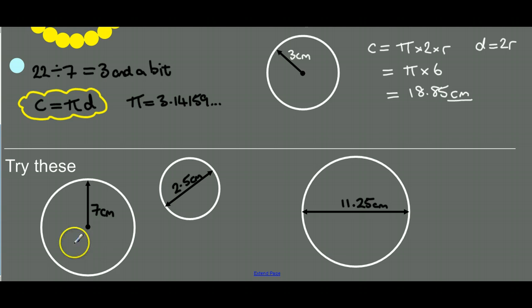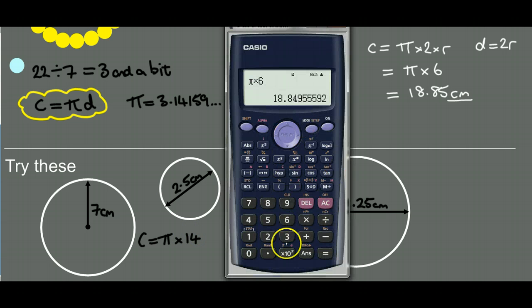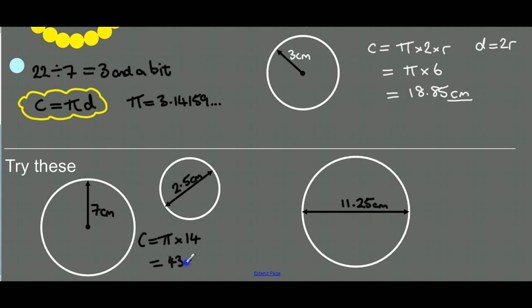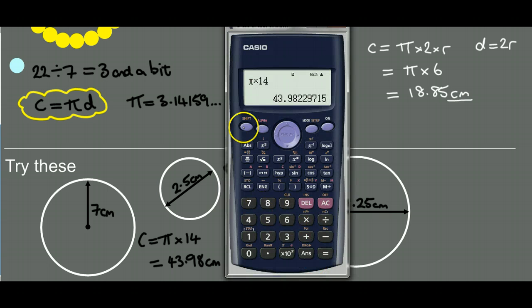So for the first one, we've got a radius of 7, so I'm going to need to times pi by the radius doubled, and that will be 43.98. For this second one, we'll do pi times the diameter, and that gives us 7.85.